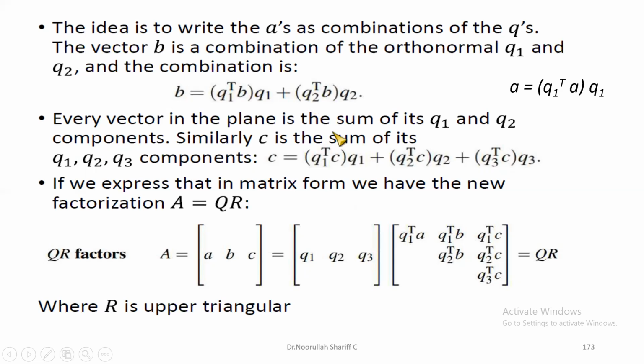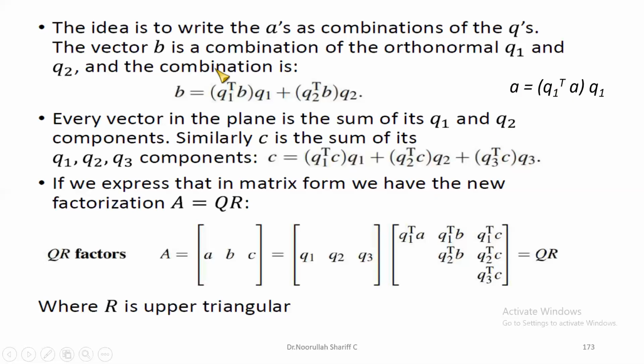So every vector in the plane is the sum of its Q1 and Q2 components. Similarly, C is the sum of its Q1, Q2, Q3 components, that is C is equal to Q1 transpose C Q1 plus Q2 transpose C Q2 plus Q3 transpose C Q3.